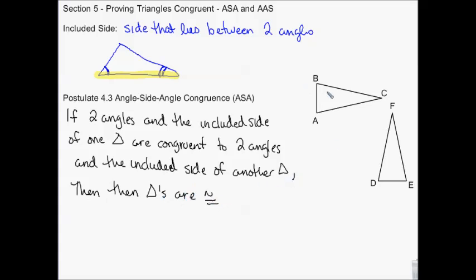Okay, so if these are our triangles, and let's say angle B is the same as angle D, angle C is the same as angle F, that would mean BC would have to be the same as DF in order for those triangles to be congruent.